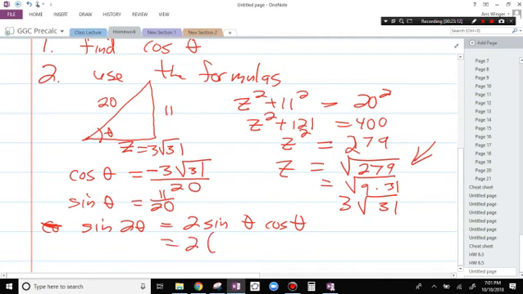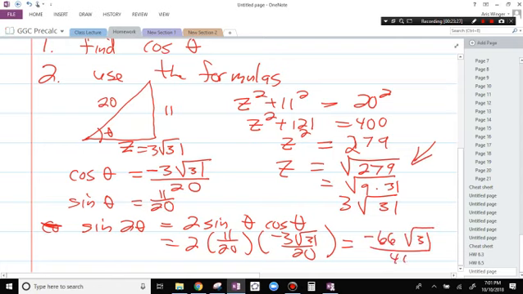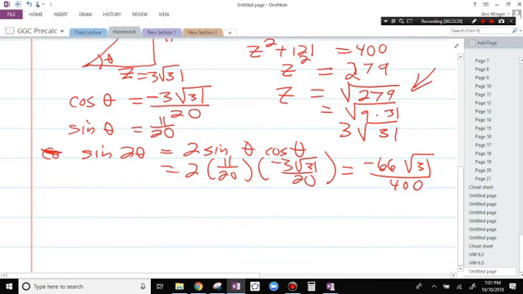That's 2 times 11 over 20 times negative 3 square root of 31 over 20. And it's just about how bad we need to write this thing. So that's negative 66 square root of 31 over 400. That's negative 33 square root of 31 over 200.